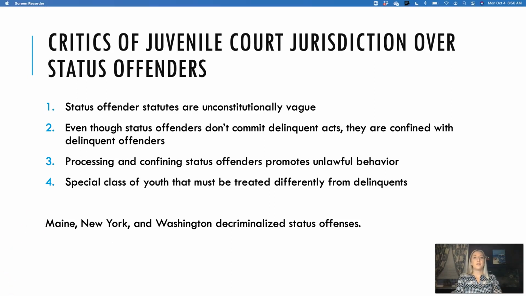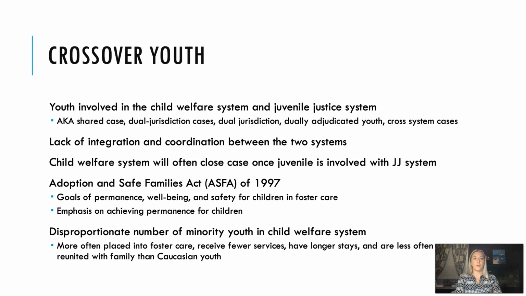All right, so now let's get into what are crossover youth. A crossover youth has also been called, we call it a shared case in our county, or a dual jurisdiction case, just dual jurisdiction, dually adjudicated youth, or cross-system cases. So these are youth who are involved with both the child welfare system as well as the juvenile justice system.